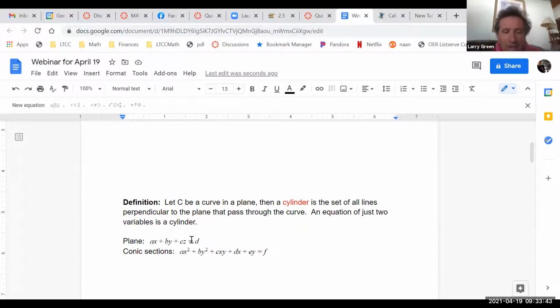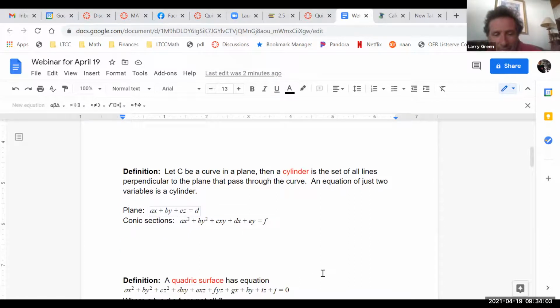We're going to jump from a plane to the same idea, but you're allowed squares and products. How many terms do you think you're going to get? Any thoughts? Okay, 10 I hear, so let's see.